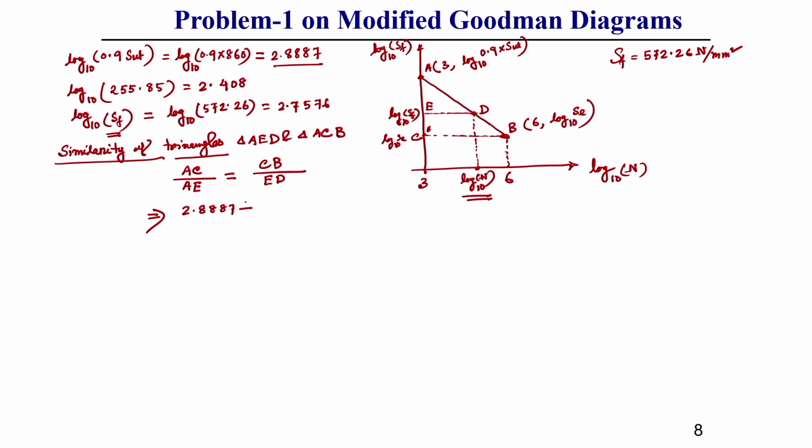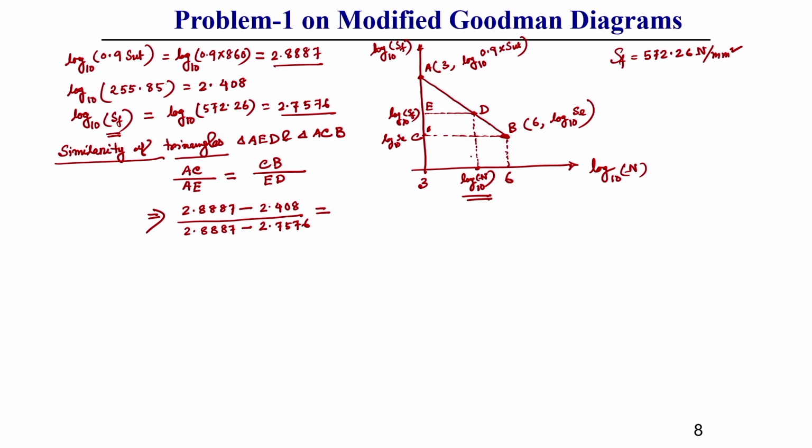So, this log 10 AC is given as 2.408 divided by AE. AE is given as 2.8887 minus log SF, which is already given, 2.7576. Okay. This will be equal to CB.